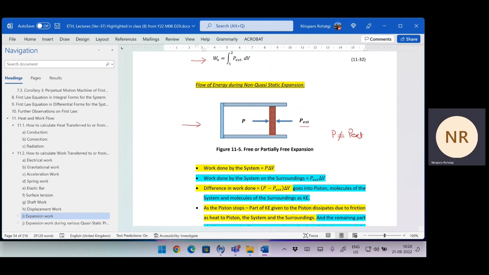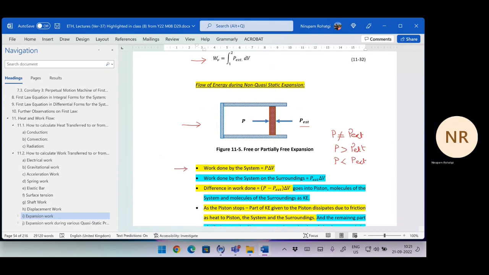Depending upon which is more, if P is more, your piston will move to the right, or if P is less than P external, the piston will move to the left.